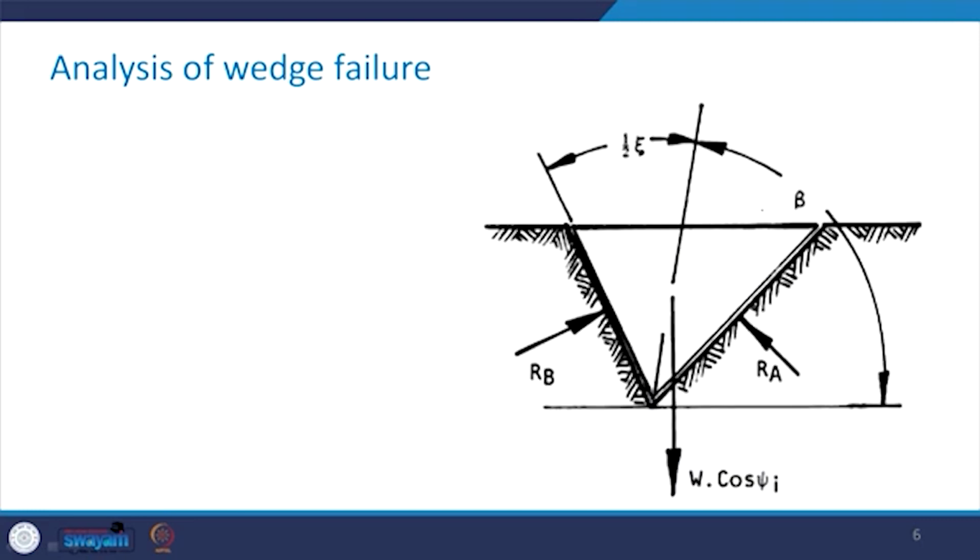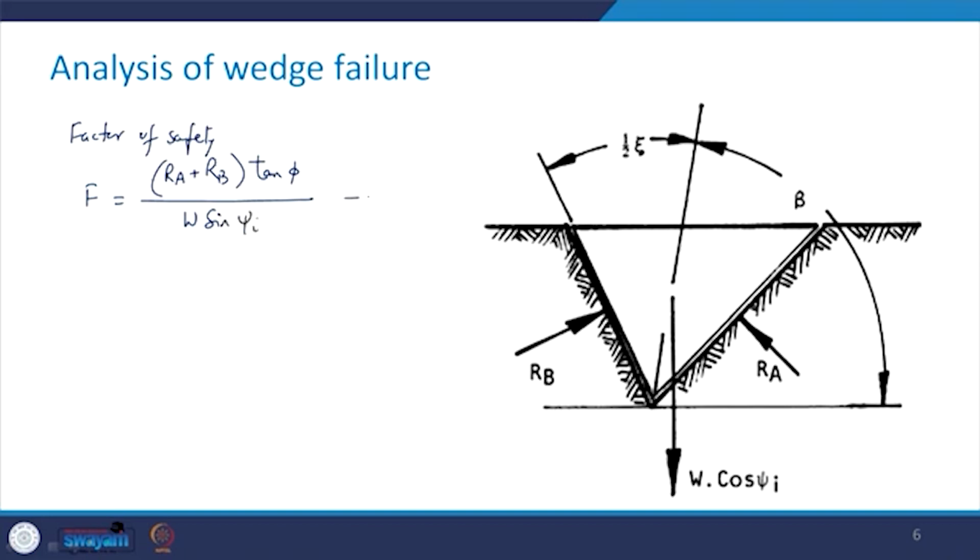Now, the factor of safety for this case can be written as F is equal to (RA plus RB) tan phi divided by W sin psi i.